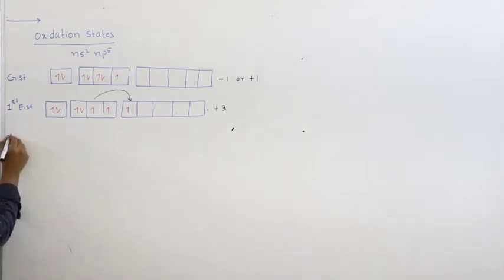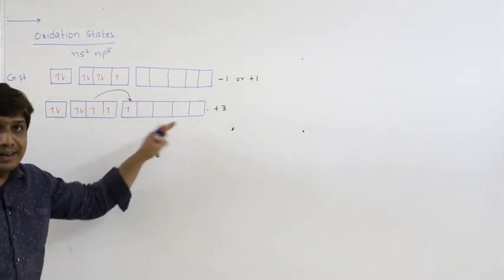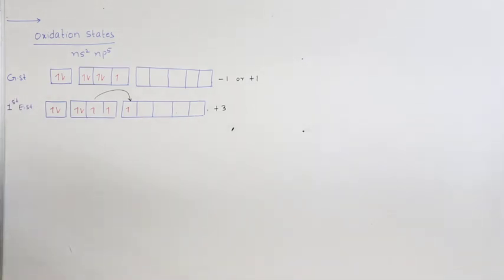Next, if I go to the next excited state, we have 2 more electron pairs and empty d orbitals available. So, I can promote another electron here.